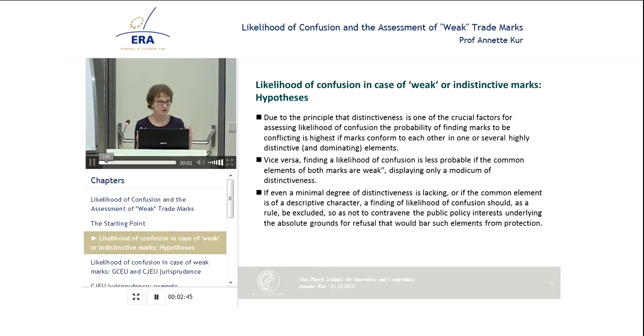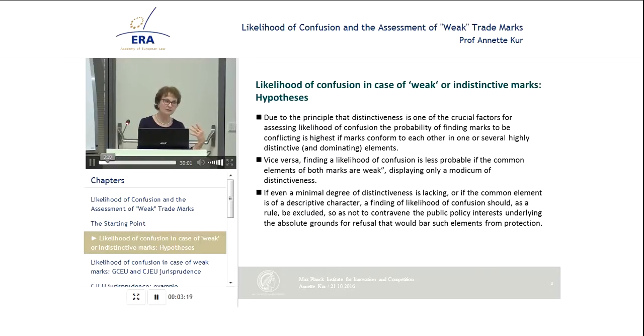If there is an element which is very distinctive, which catches the eye, then it will also normally be dominating, but both types of assessments need to be separated. Vice versa, this is just the inverse conclusion. Likelihood of confusion is less probable if the common elements are weak and are just barely passing the threshold of finding distinctiveness.